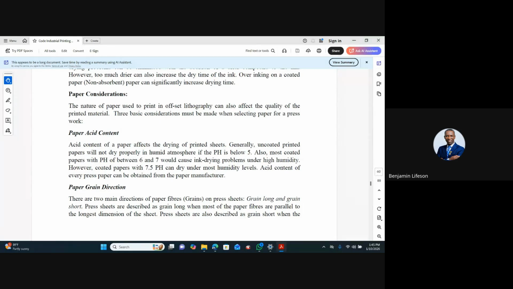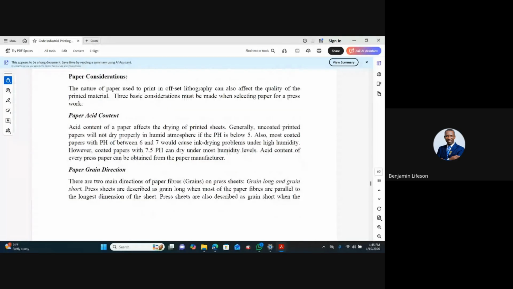The best is to obtain the acidic content of the paper from the paper manufacturer, since it is stated, so that you know whether you are using the appropriate paper for the job, and whether it will dry fast or not.